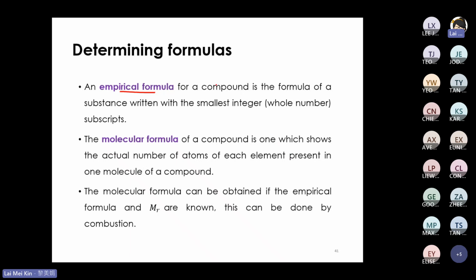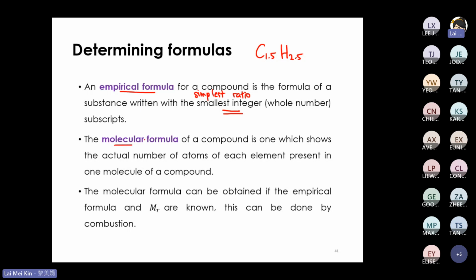The formula of the compound when I write it in the smallest integer, or what I call simplest ratio. But the ratio must be in the form of a whole number, must be integer. It means that I cannot have C 1.5, H 2.5, cannot. It must be in a whole number. So that is empirical, the simple one.